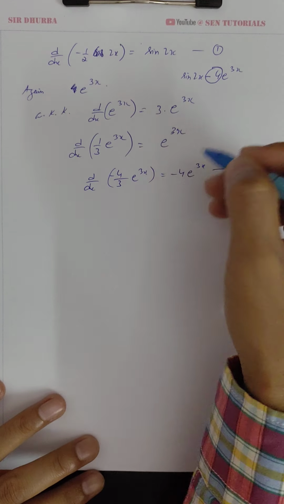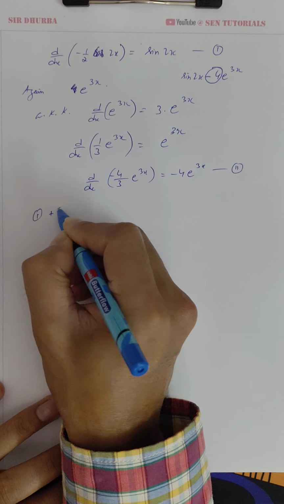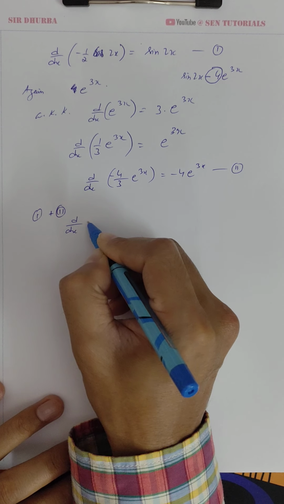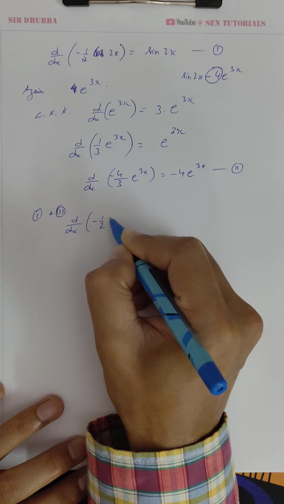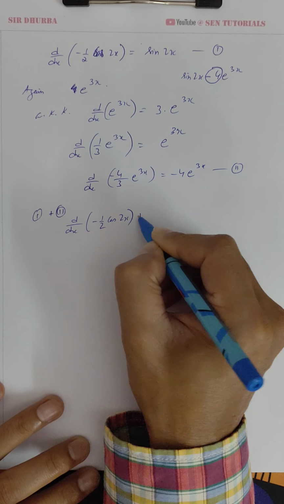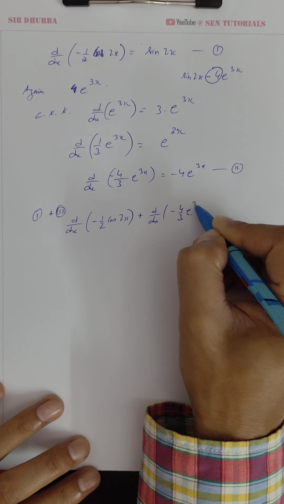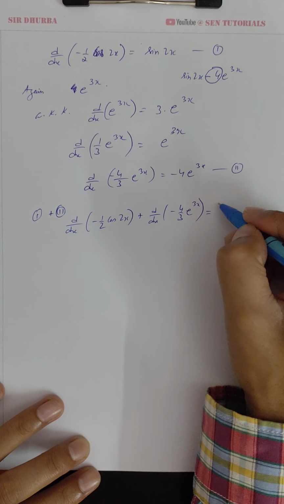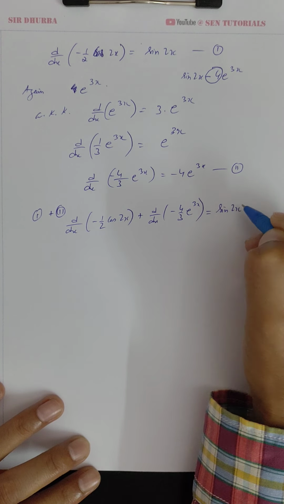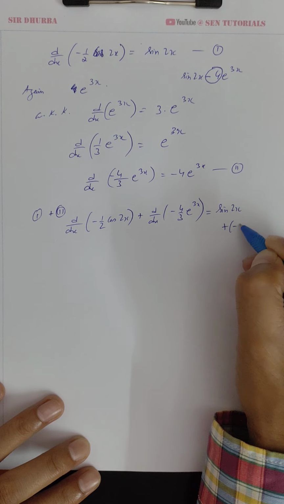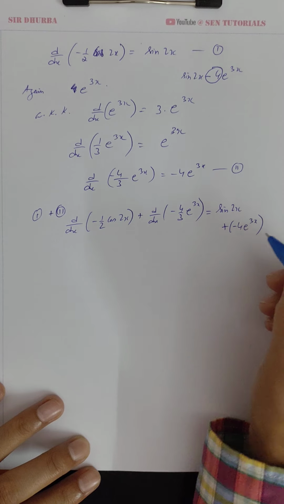So if I add 1 and 2, adding 1 and 2, what do I have? That is the derivative of minus 1 by 2 cos 2x plus the derivative of minus 4 by 3 e power 3x, which, if I combine, is sine 2x plus minus 4 e power 3x.